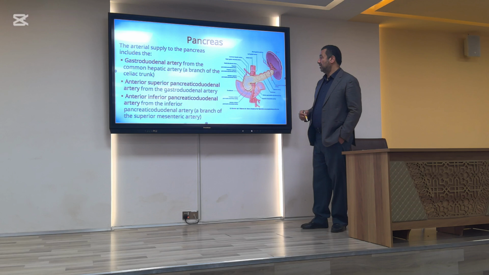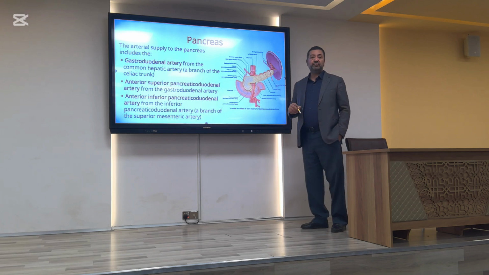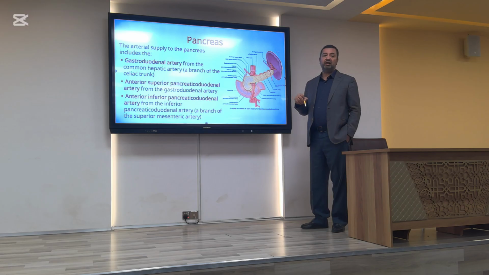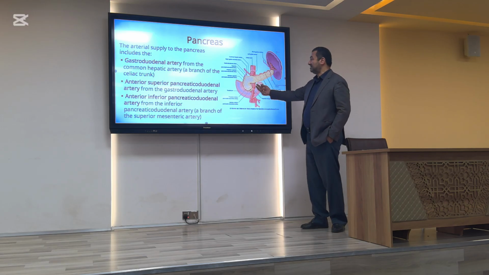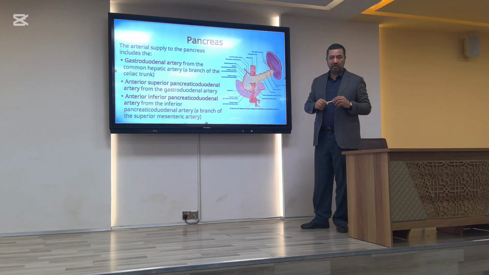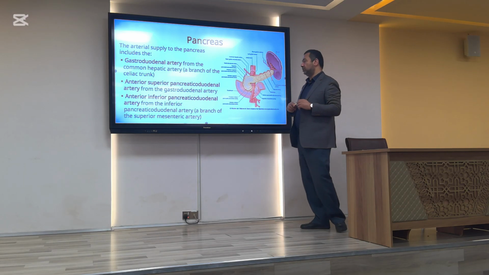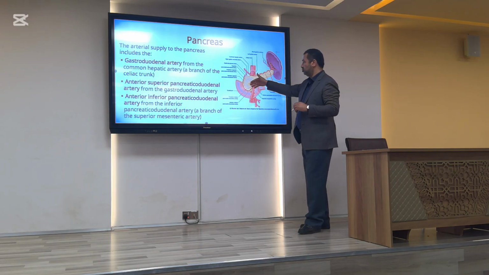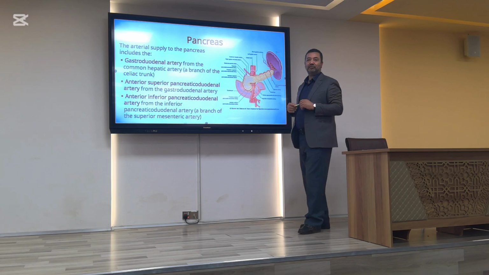From the superior mesenteric artery, the anterior and posterior inferior pancreaticoduodenal arteries ascend and join in the main anastomosis with the superior anterior and posterior pancreaticoduodenal arteries.